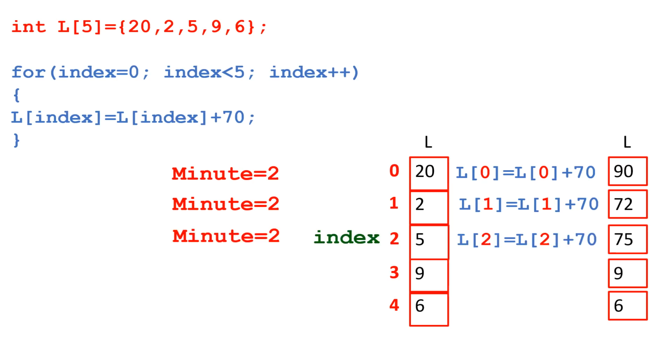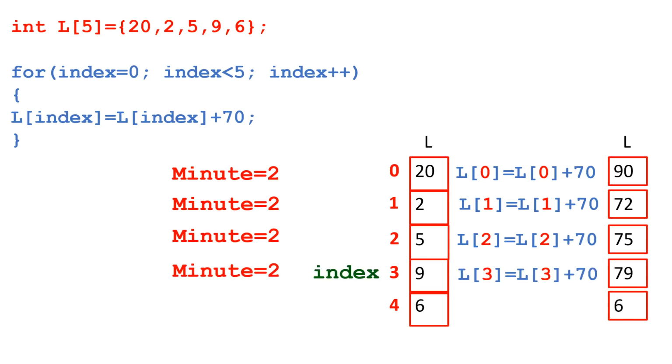Every step in this is independent. When the index comes to 2, it also does not need to use the result of the last step, because it needs only the current index value for its calculation.